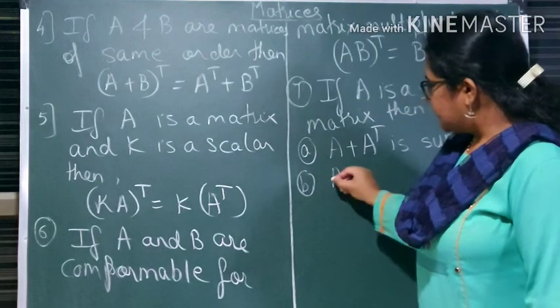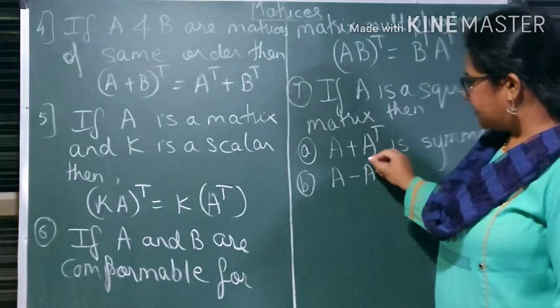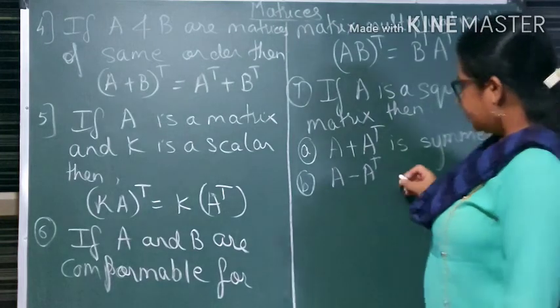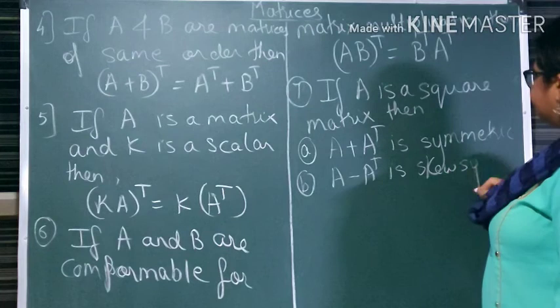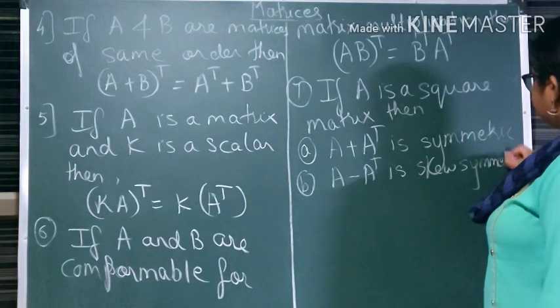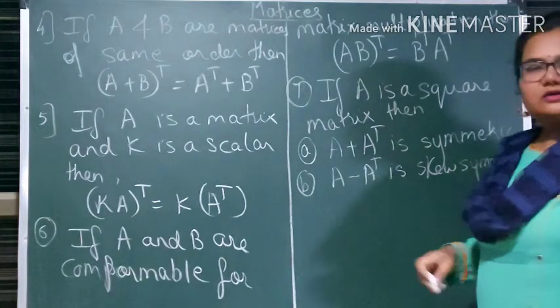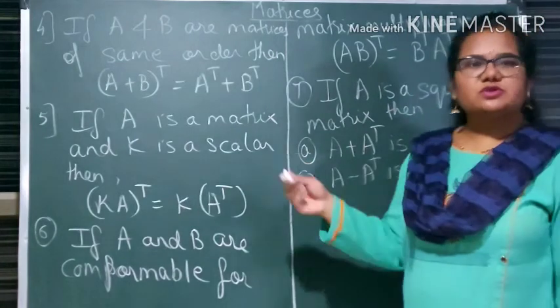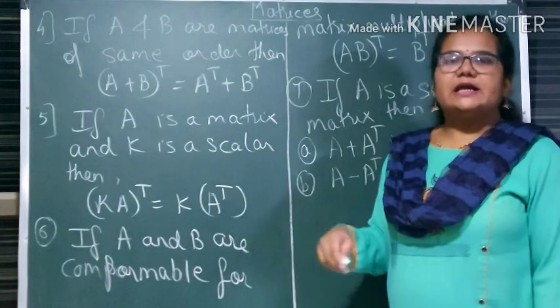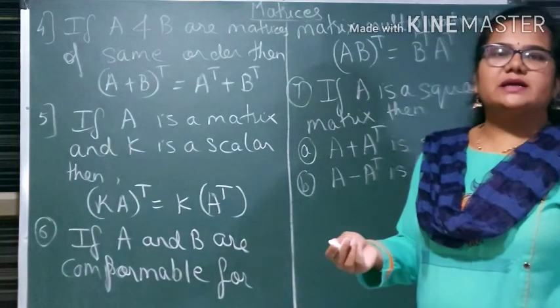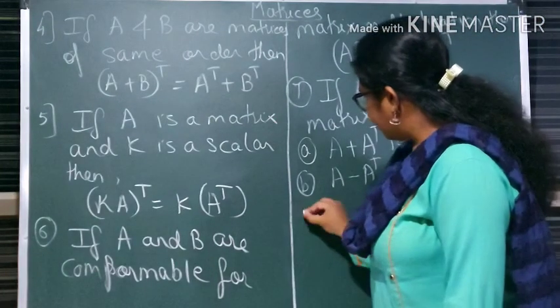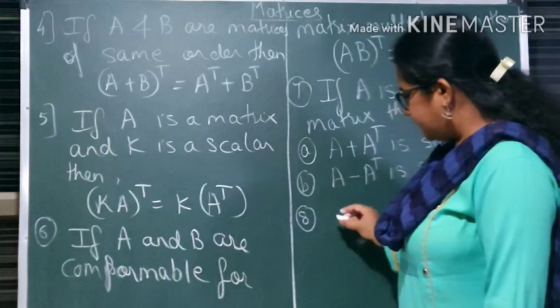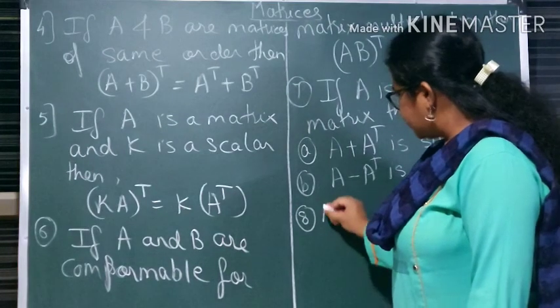And second, if you subtract the transpose from the matrix, you are going to get a skew symmetric matrix. So A plus A transpose gives a symmetric matrix, and A minus A transpose gives a skew symmetric matrix.